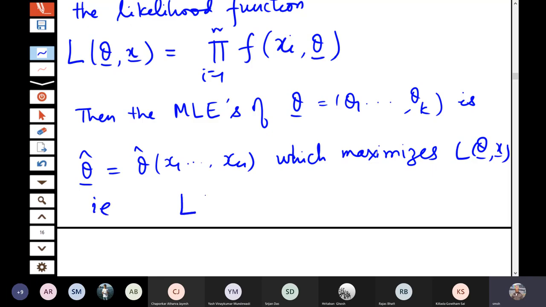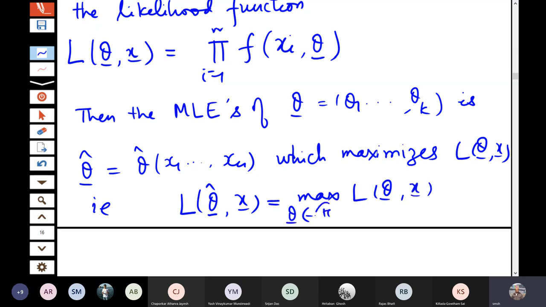That is, L(theta hat, x) is the maximum of L(theta, x), where theta varies over the full parameter space. So over the parameter space, if we maximize the joint probability density function of the random variables or the observations, then that gives us the maximum likelihood estimator.